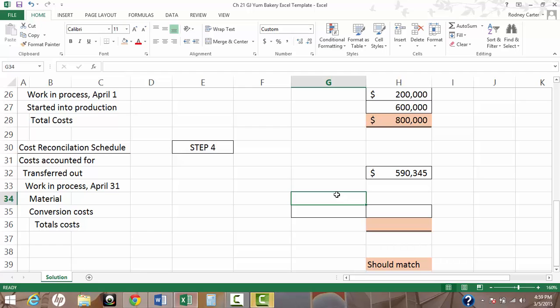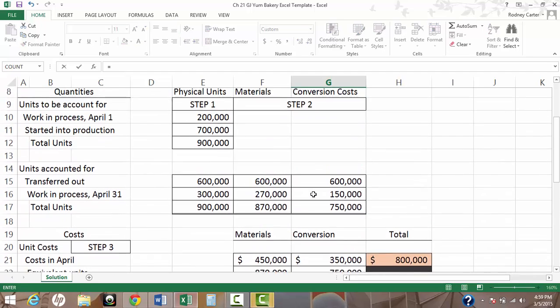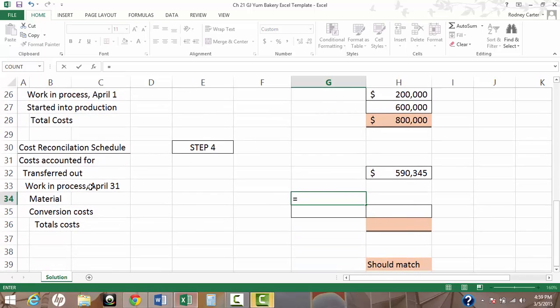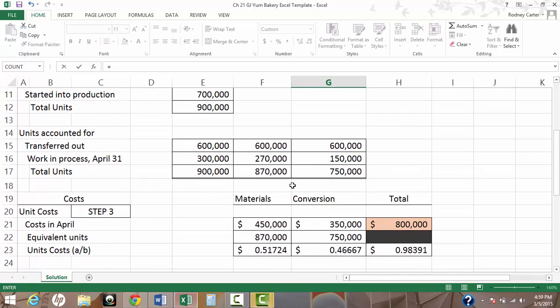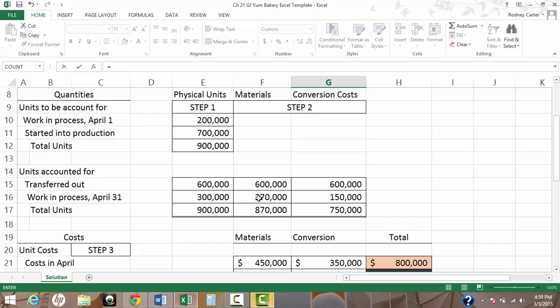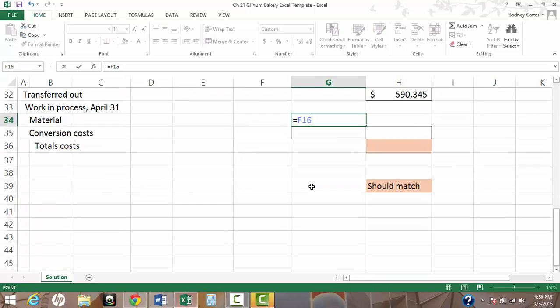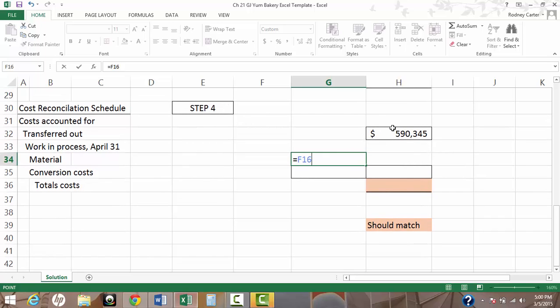Now here, this is materials for WIP, right? This is the remaining units. You'll remember I have 270,000 equivalent units for materials. And if you're asking why I don't take the 870, the answer is because we've already accounted for the transferred units here.